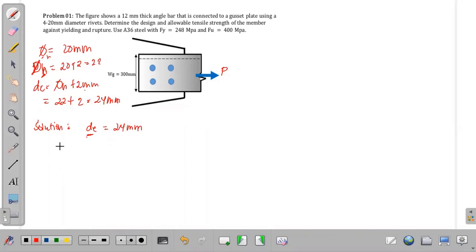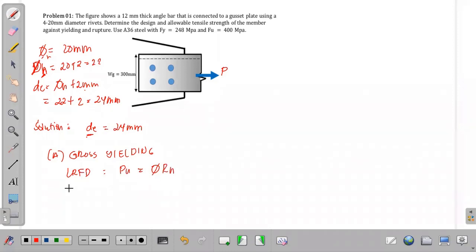Okay? So unahin natin yung against yielding. So against gross yielding, section yielding. So ano yung magiging equation natin? For the LRFD, Pu is equal to phi Rn.